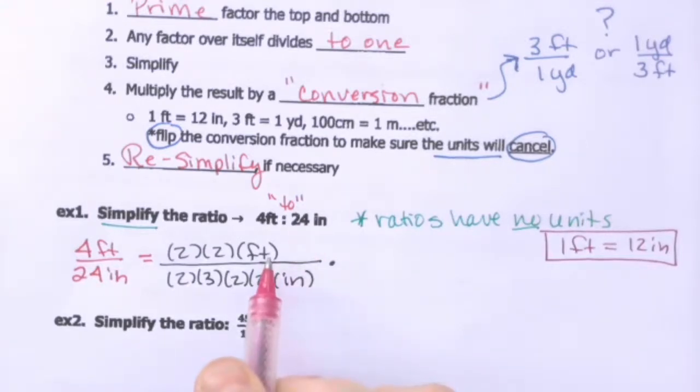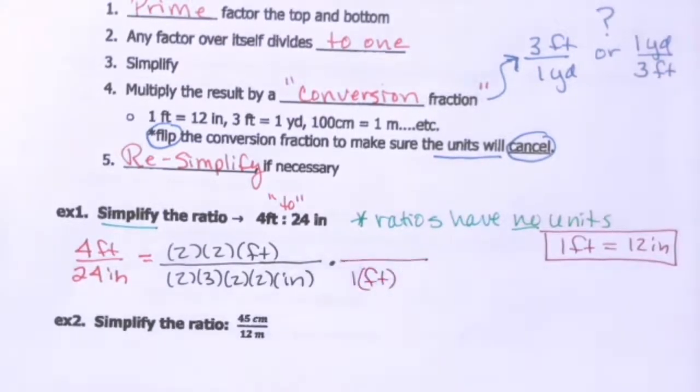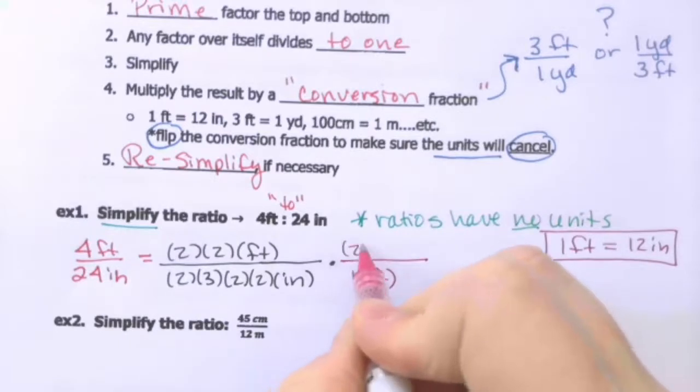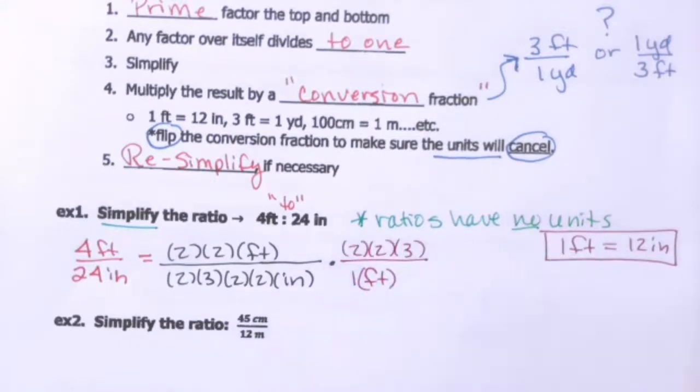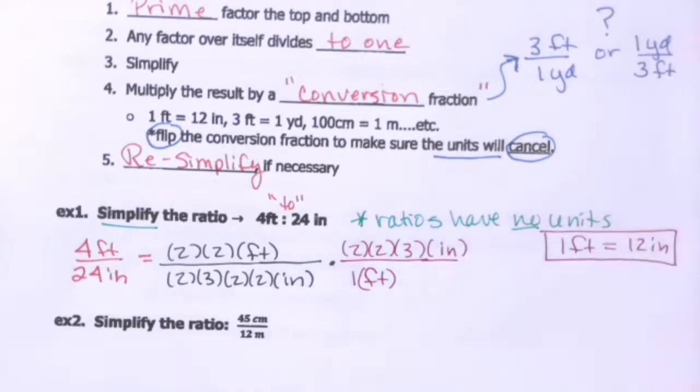Because I have feet on top, I need the 1 foot on the bottom and the 12 inches on the top, which is 4 times 3, so 2 2 3 inches. So again, you choose which way the conversion fraction will go so that the units cancel.